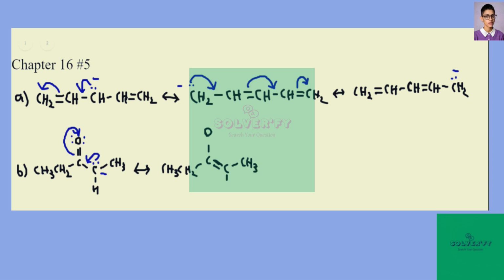And this would be considered a more stable structure. We do always want to put extra electrons and charges on electronegative atoms, and oxygen is more electronegative than carbon is. Okay, so that's B.